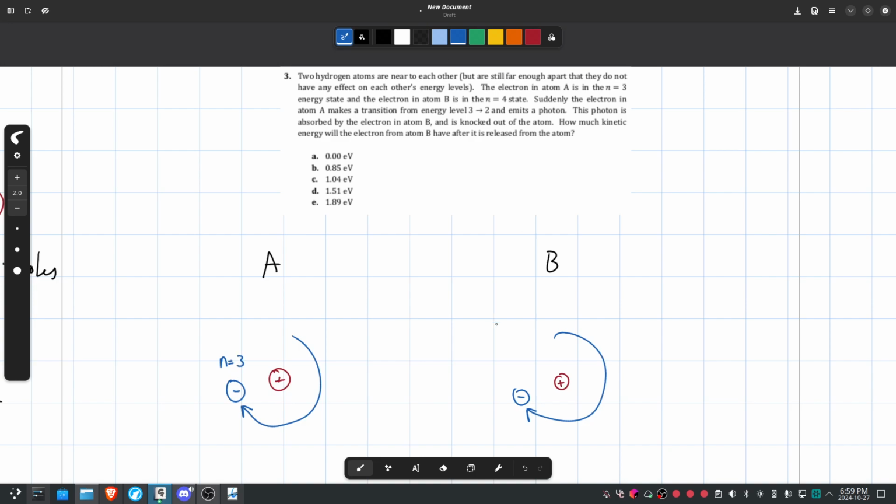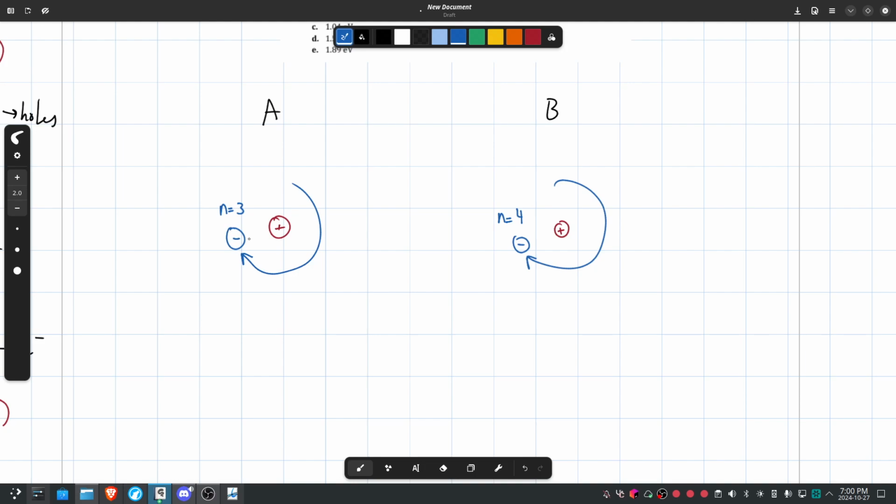And the electron in atom B is the n equals 4 energy state. Suddenly, the electron in atom A makes a transition from energy level 3 to 2. So this one jumps down from 3 to 2.